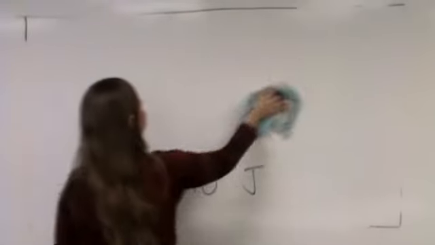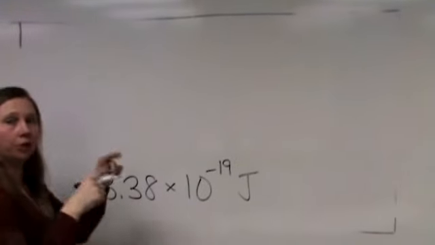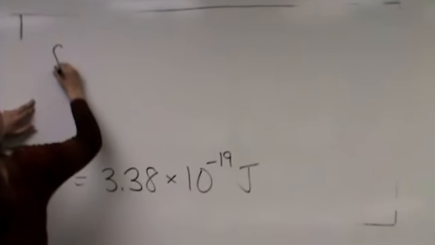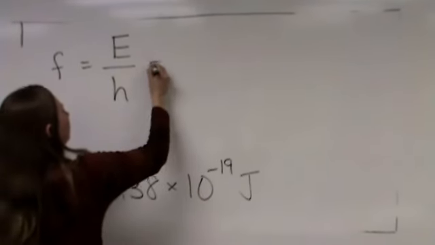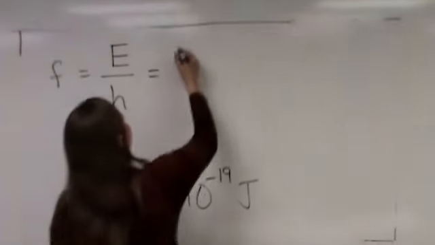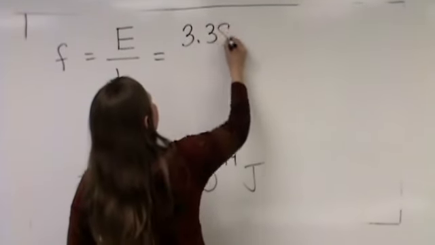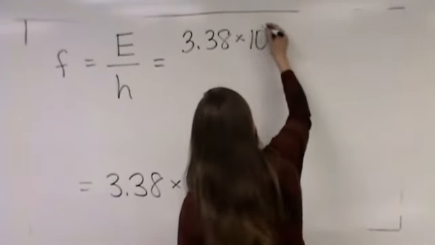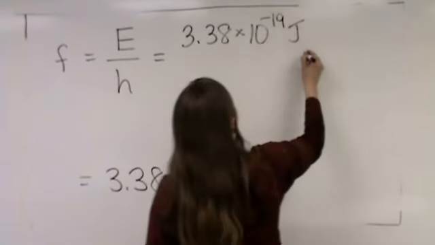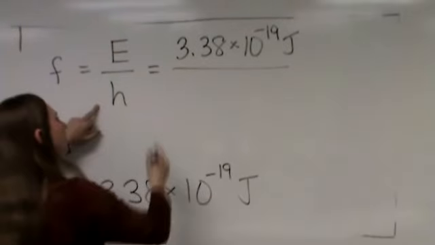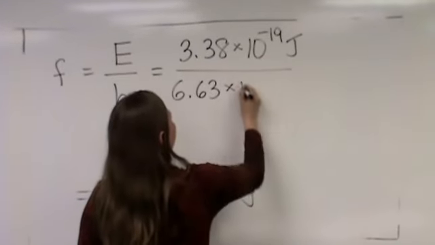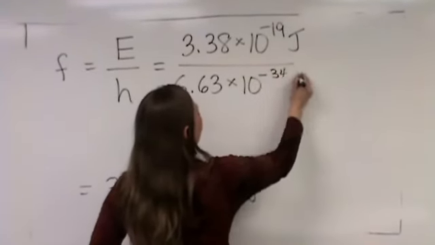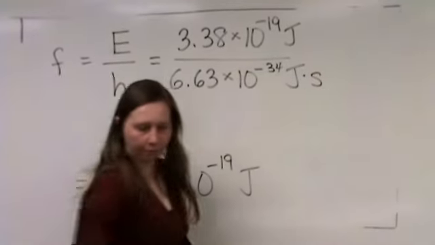E equals hf, so therefore f equals E over h. Now E is right here: 3.38 times 10 to the negative 19 joules. Planck's constant in joule seconds, 6.63 times 10 to the negative 34 joule seconds.